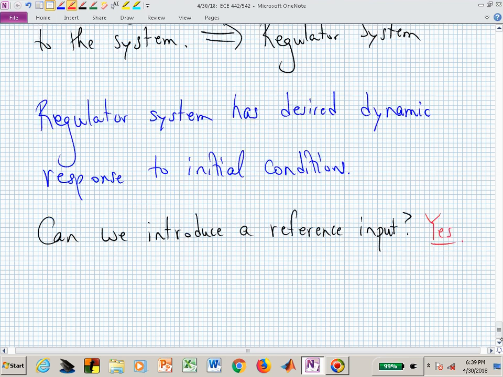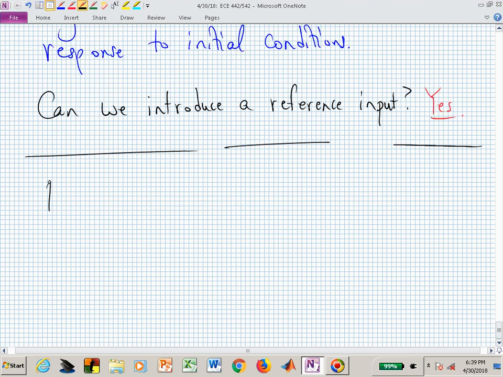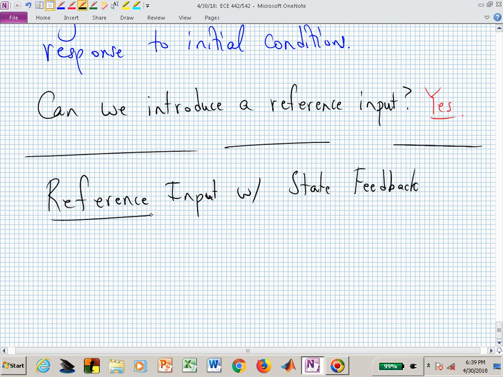So now let's write those equations down that are implied by this block diagram. We've sketched the block diagram, but now let's work through that where we now have a reference input with state feedback.